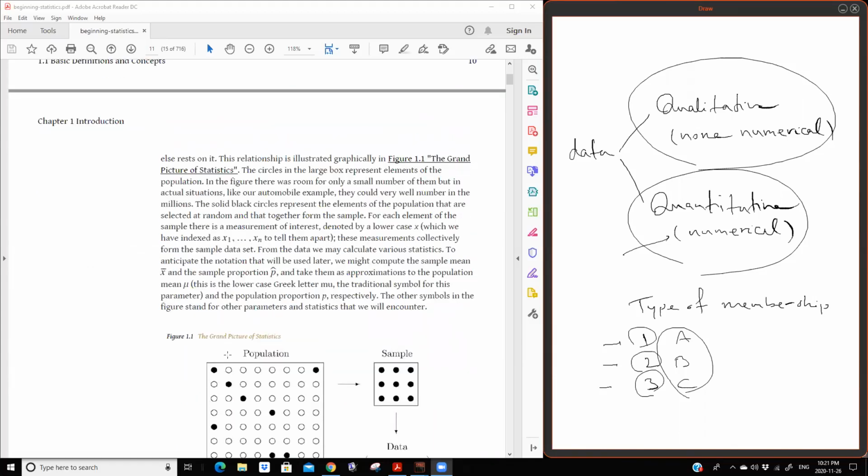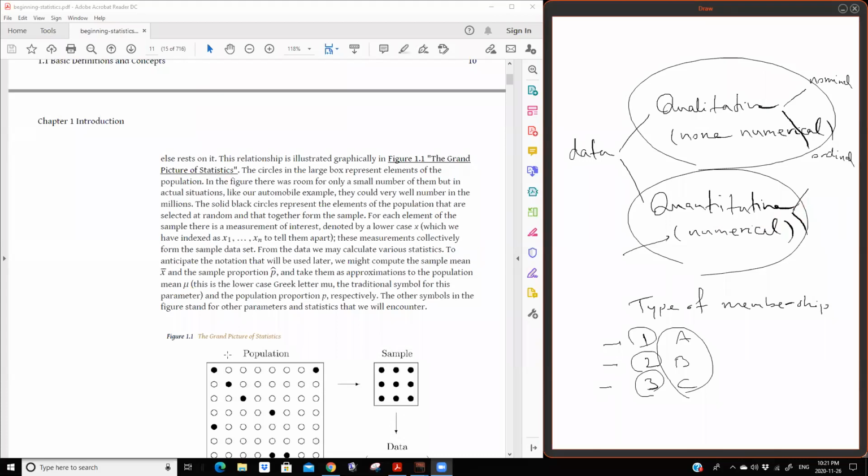Also, I want to mention that qualitative and quantitative data can also be subcategorized. Your qualitative data could be nominal or ordinal, and your quantitative data could be subcategorized too.